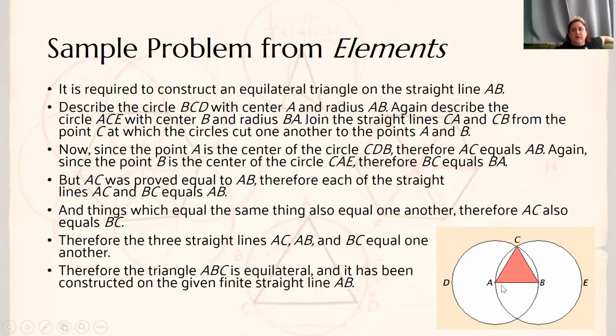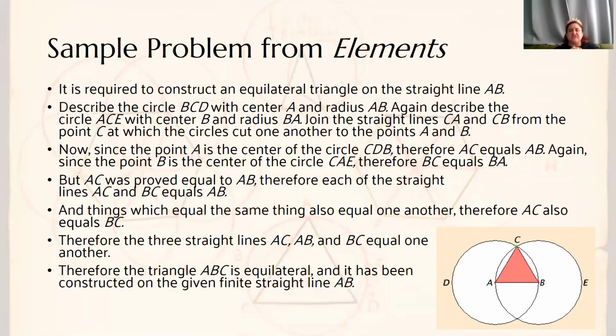So this will prove that this side, AB, is the same as this side, AC, because they're both radii of a circle. And then that's the same as this side, because this side is the same as that one, because they're both, again, radii of the same circle. And because things that are equal to the same thing are equal to each other, therefore, this is an equilateral triangle. So he's kind of integrating this practical geometry and this theoretical geometry.